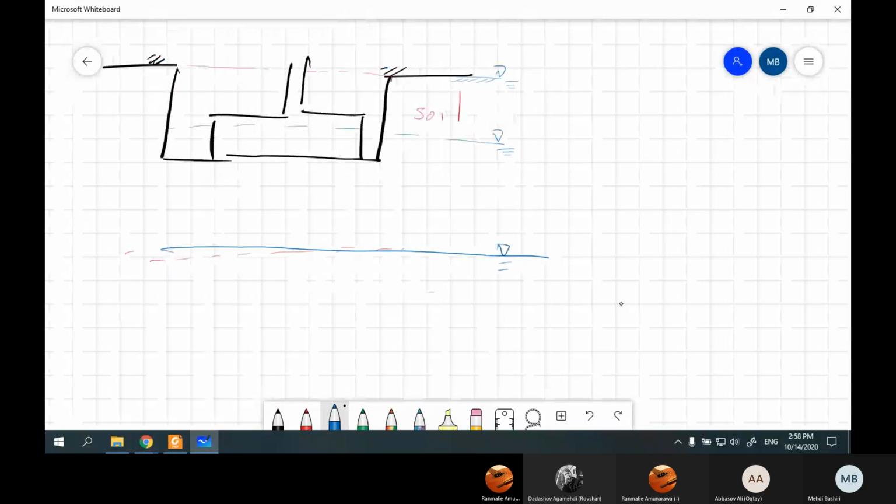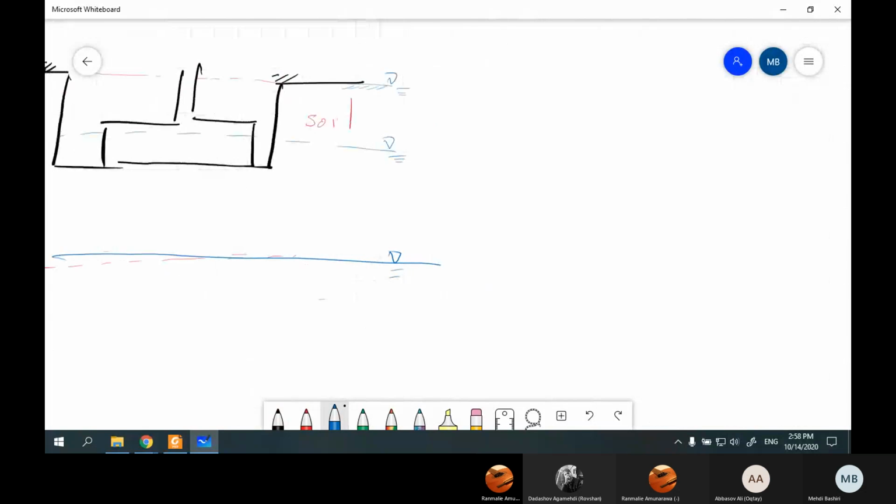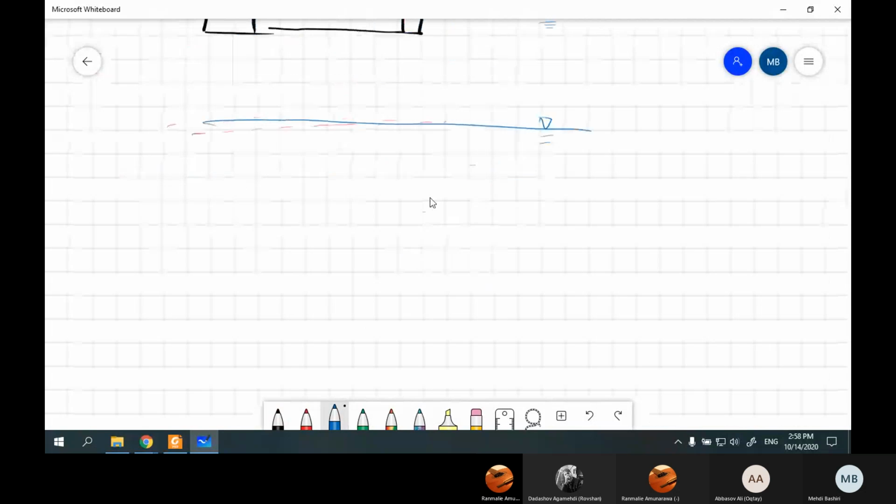In this case, we assume three different levels. The first one, I'm going to write it here. This is our foundation. This is the ground level.